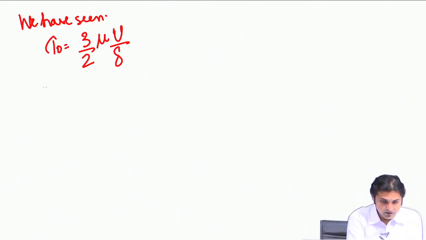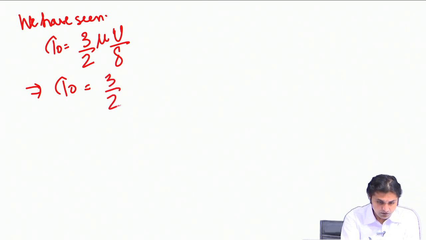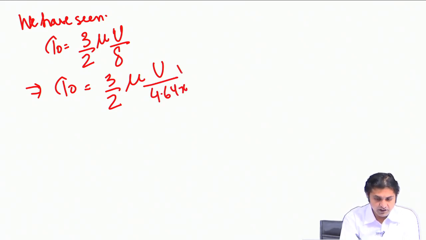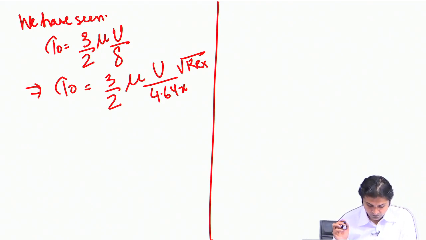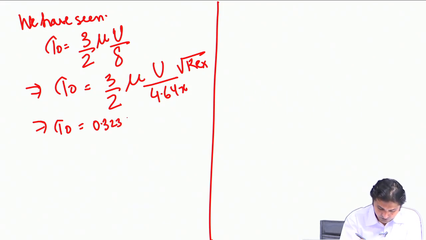So tau naught is equal to 3 by 2, mu will remain mu, capital U will remain capital U, but delta is the equation we had derived, 4.64x under root Re x. So this is our tau naught, or if we simplify it more, this 3 by 2 and 4.64 will become 0.323 into mu capital U by x under root Re x.